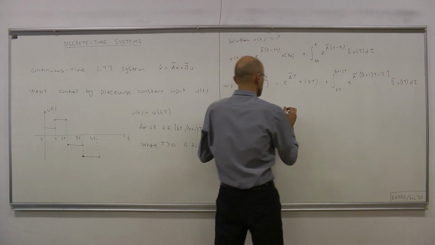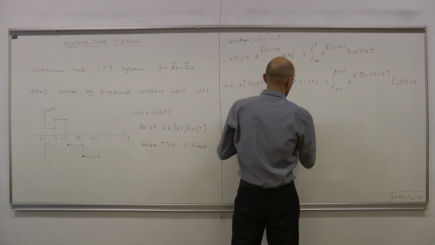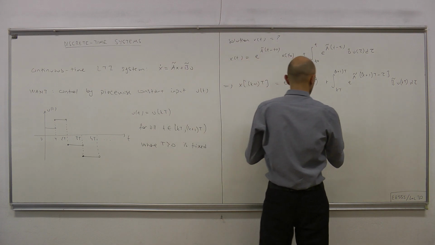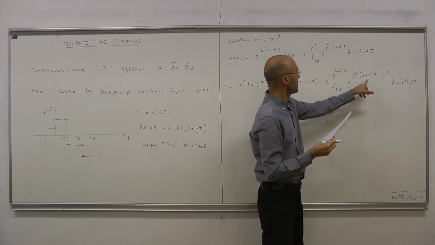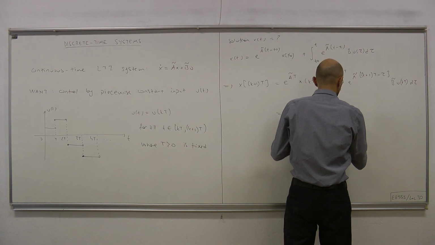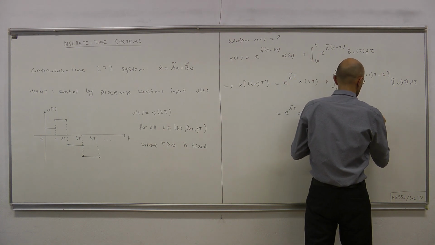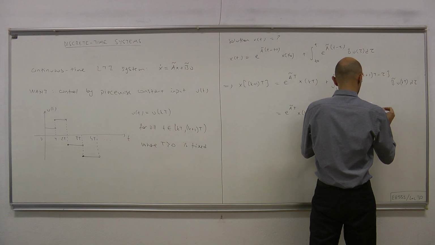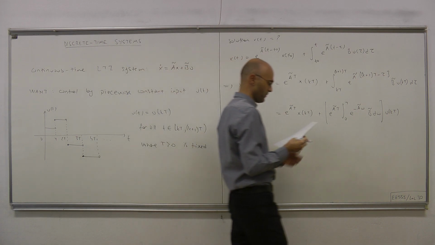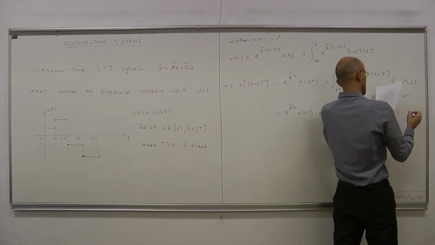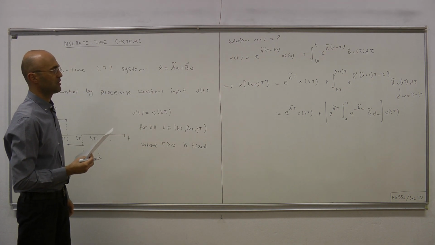And that gives us e^(ÃT) x(kT) + ∫ from 0 to T of e^(Ã(T−ω)) B̃ dω times u(kT), where we use the change of variables ω defined as τ minus the fixed kT.